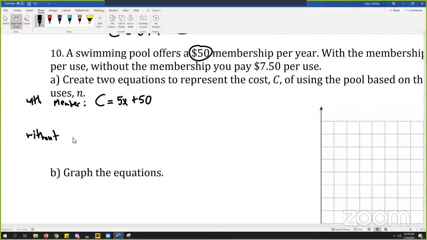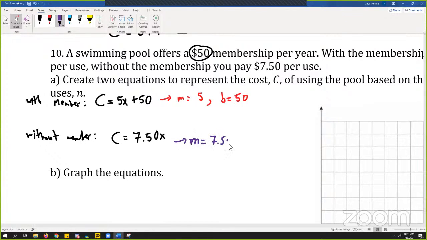Without membership, it's going to be C is equal to 7.50x because they're not buying the membership. So there's our two equations. It says to graph it, so let's figure out our slope here first. Our slope is 5, our y-intercept is 50, and for here, our slope is 7.50, and our y-intercept is 0.